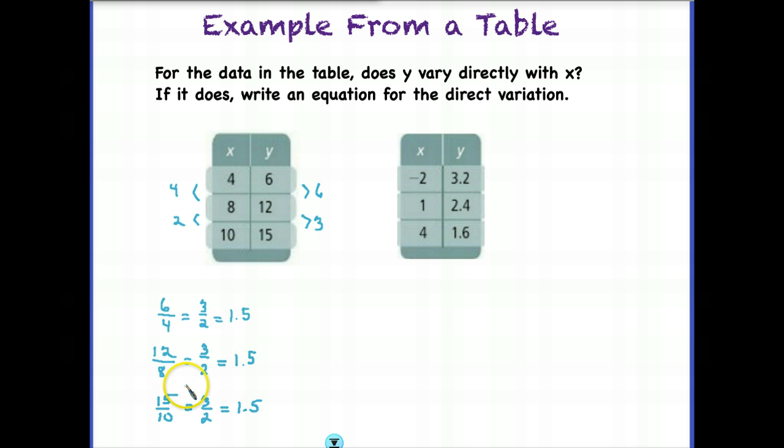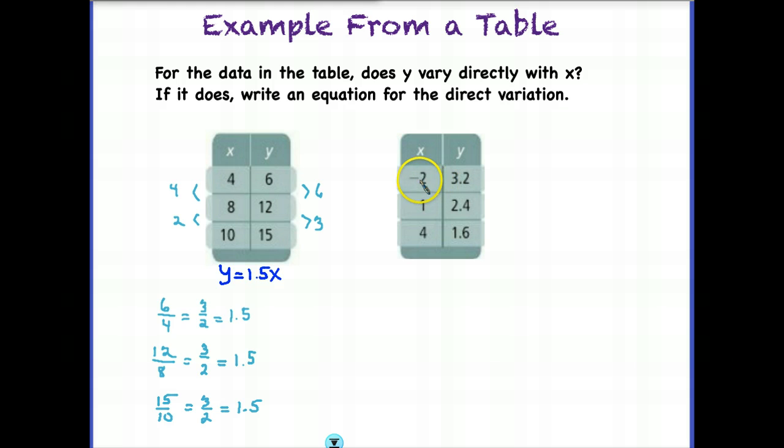The nice thing about doing this is now I know what my k value is. I know my constant of variation. So this one does have direct variation, and we can write an equation which is going to be y equals 1.5x.